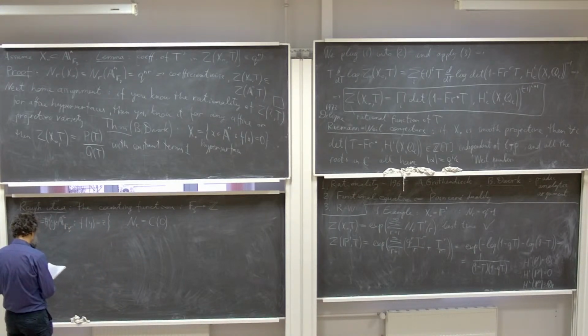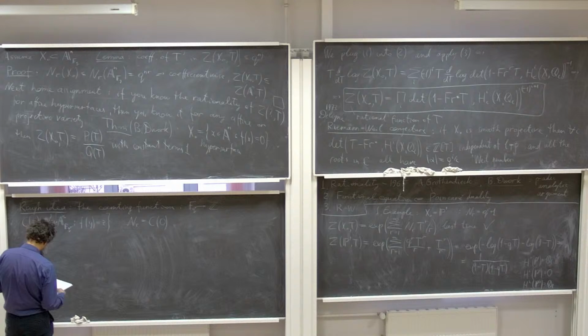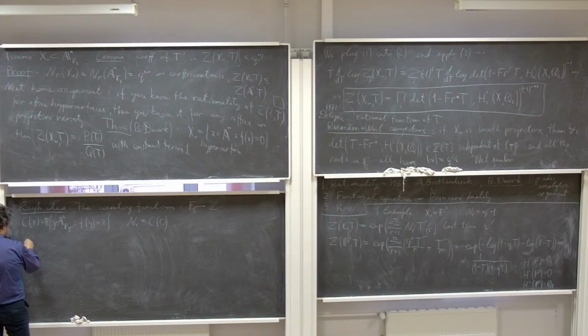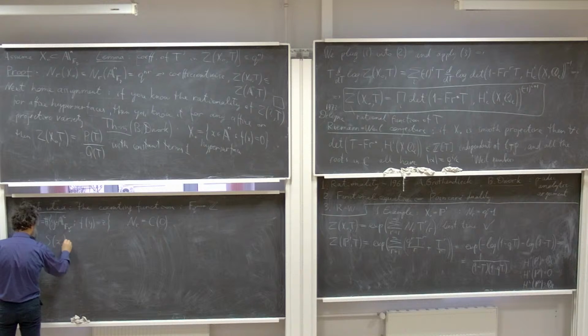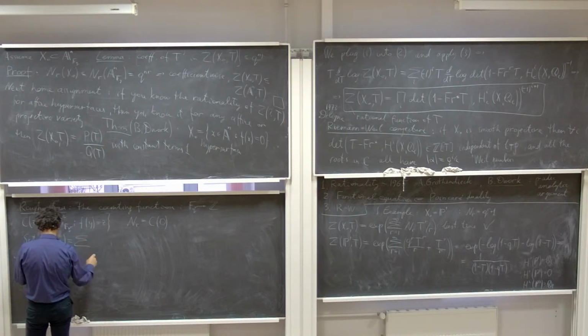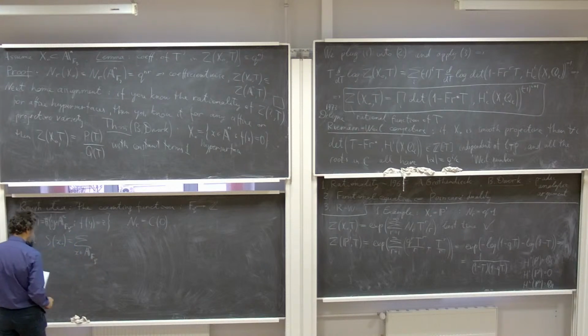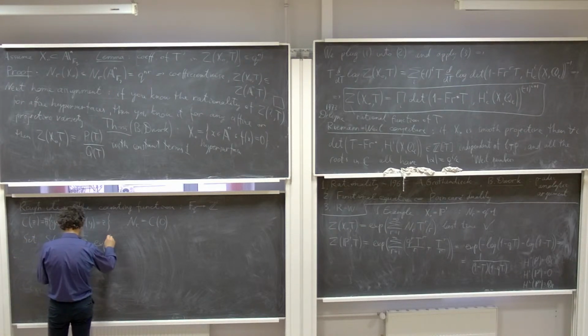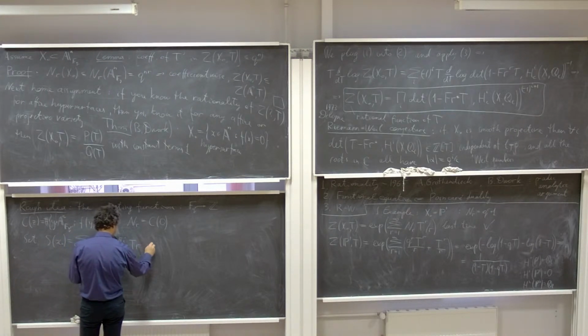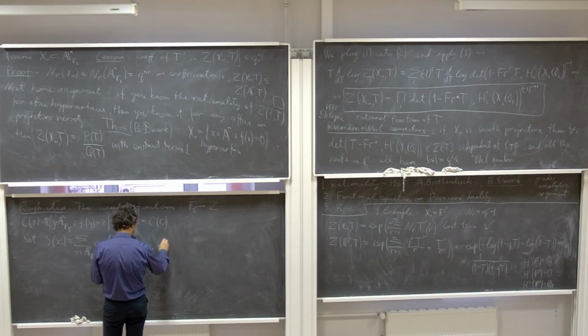Okay, and now let's consider an auxiliary function, namely, we set S of x0 equals the sum over all points in the affine space of the exponential of 2 pi i over p, the trace of x naught times f of x.